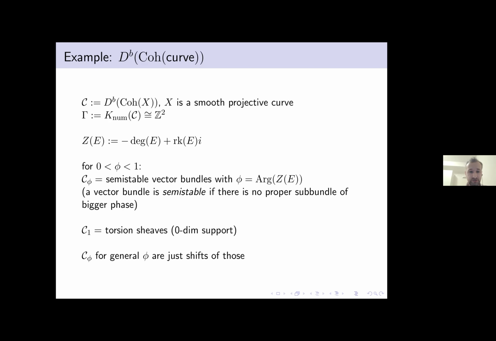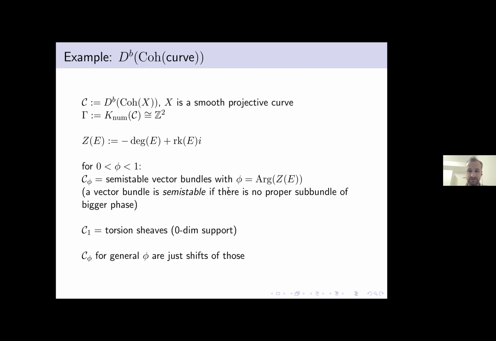And so, what are the semi-stable objects? They're just semi-stable vector bundles of the correct slope. Semi-stable just means there's no proper subbundle of bigger phase. That's a correct definition for vector bundles on a Riemann surface.